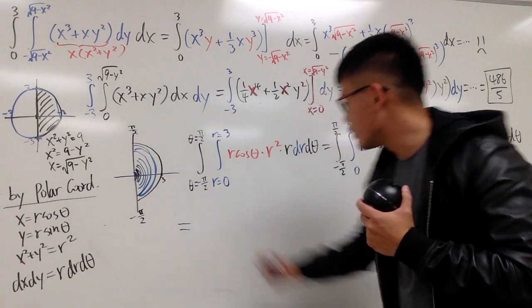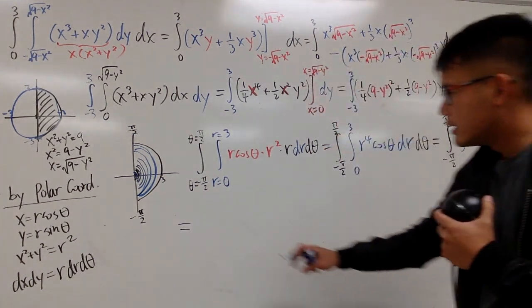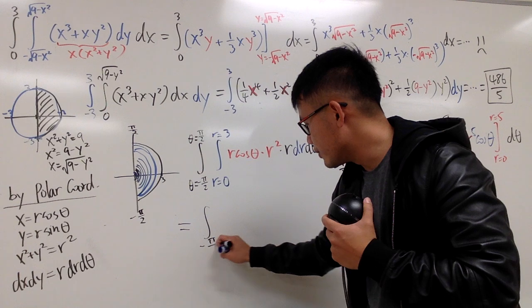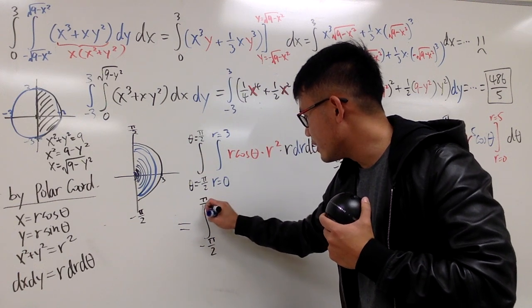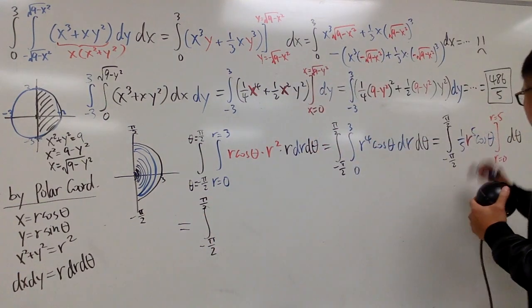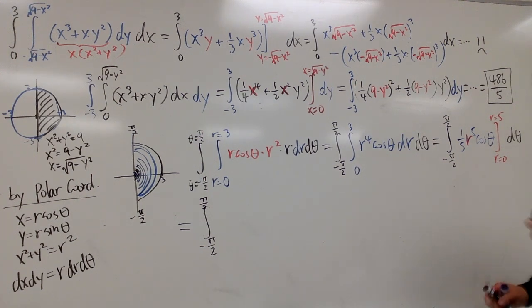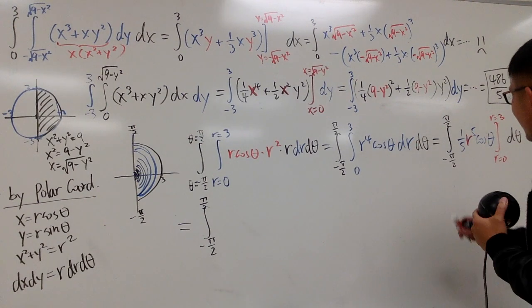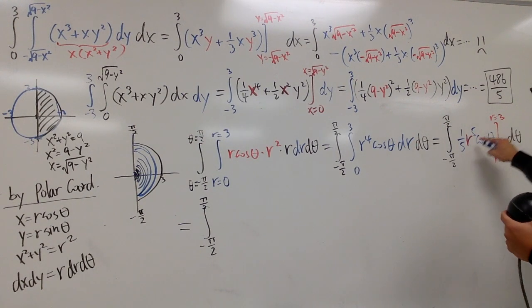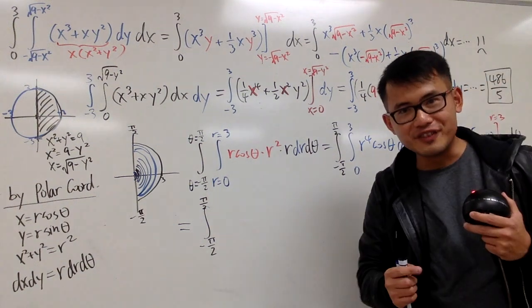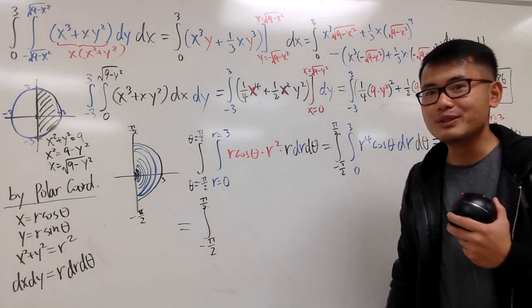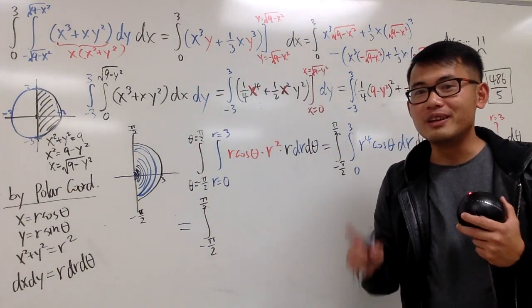Okay, let's see, what do we have? We still have this and that. So the integral from negative pi over 2. I know we can do the even and odd situation, but I will just do it this way. Anyway, r is equal to 3, the power is equal to 5. So plugging 3 into this r, 3 to the 5th power, you get 243.